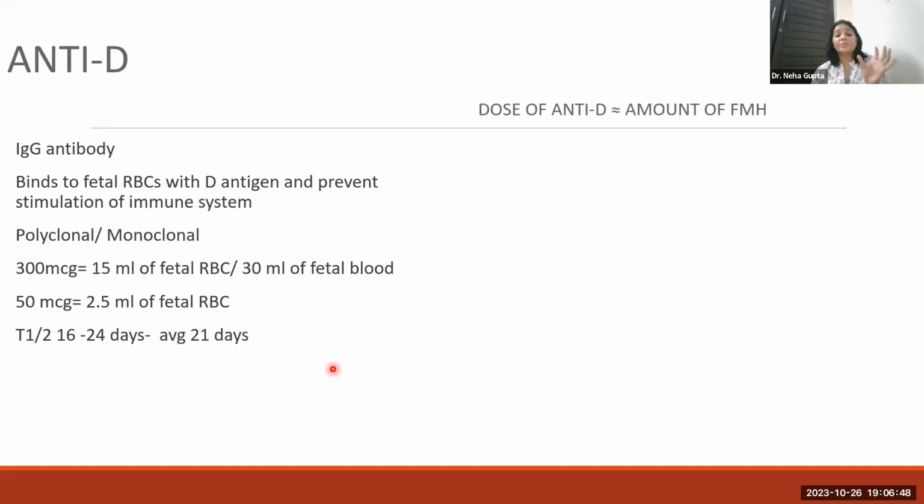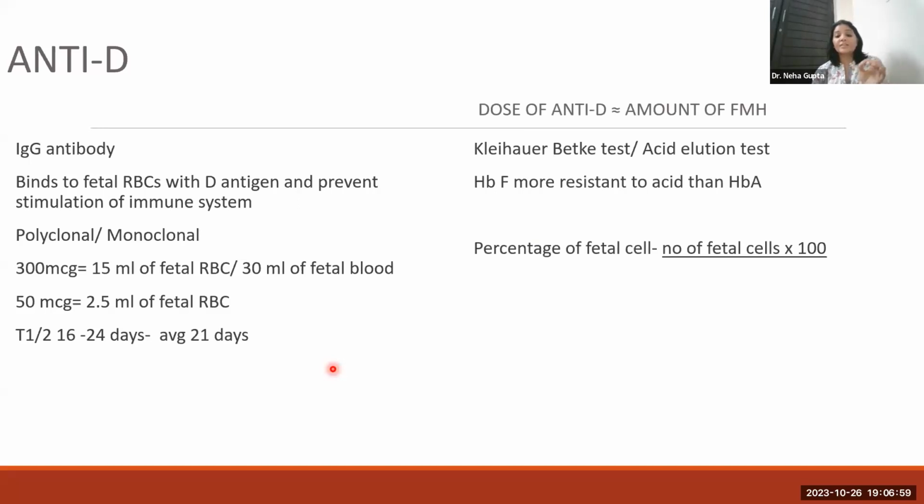It's very important to calculate the dose of anti-D after sensitizing events, and that depends on the amount of fetal-maternal hemorrhage, which is detected by means of the KB test, that is the Kleihauer-Betke test. It is based on the fact that hemoglobin F, or the fetal RBCs, are more resistant to acid than adult RBCs, which carry hemoglobin A. So on a slide of maternal blood, you count the number of fetal RBCs, multiply by 100 and divide by the total number of RBCs.